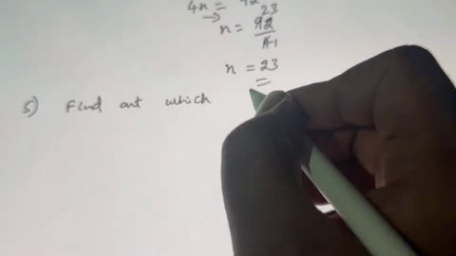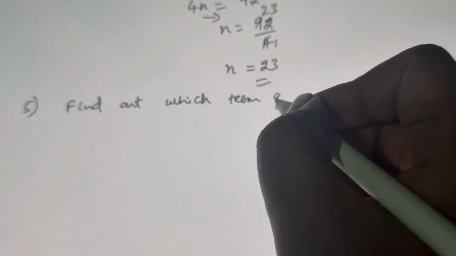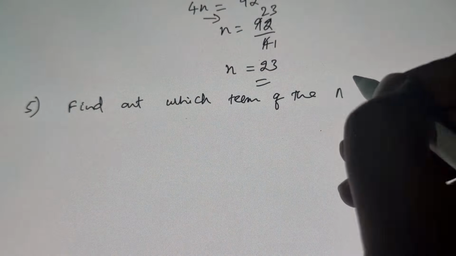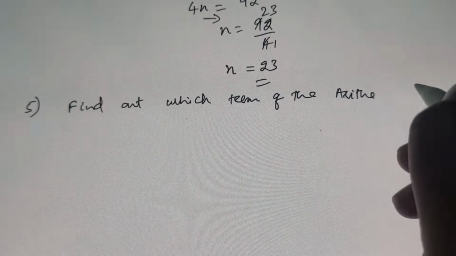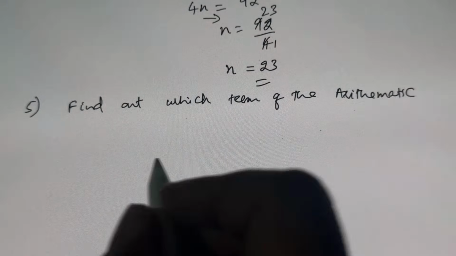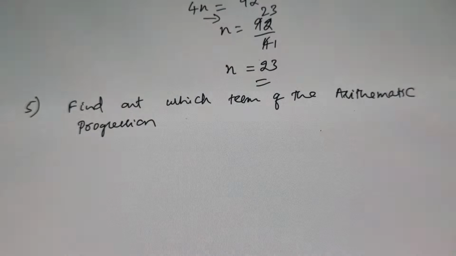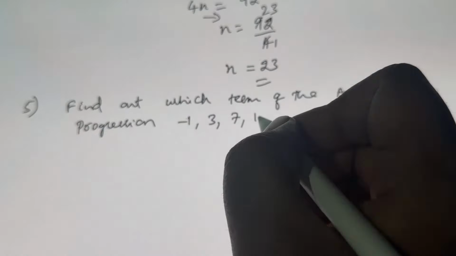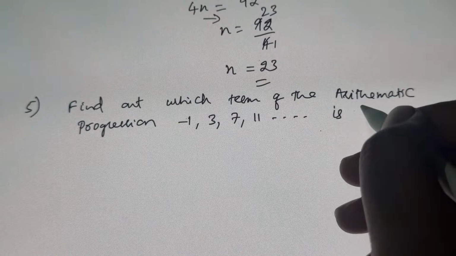Find out which term of the arithmetic progression minus 1, 3, 7, 11, and so on, is 95.